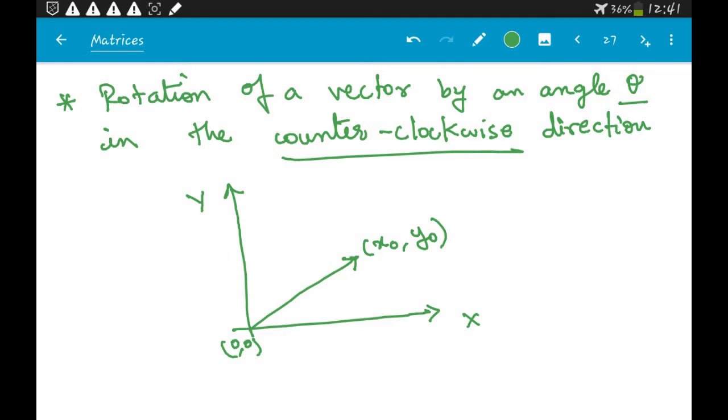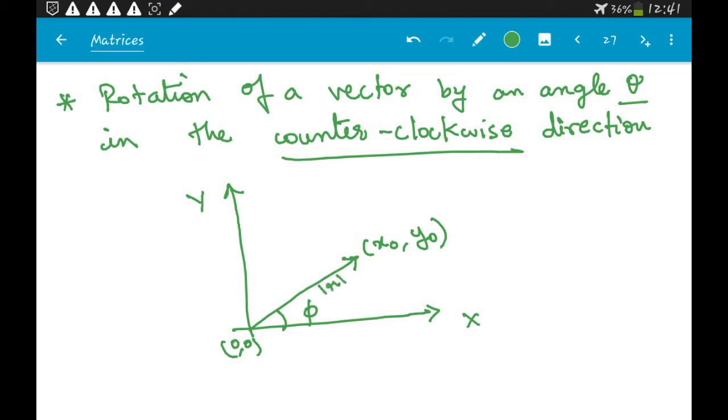Now let's say the original angle that it made with the x-axis is phi. This is the original angle that it made. And what is the length of this vector? The length of this vector is r.